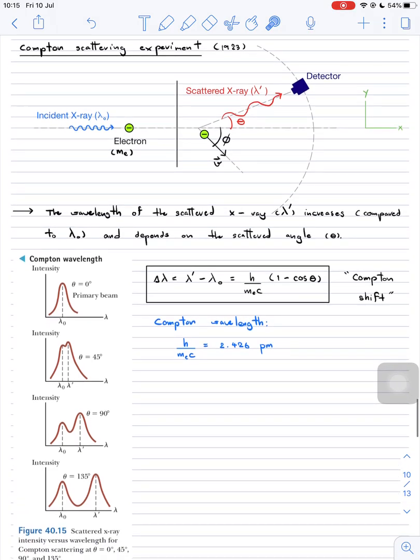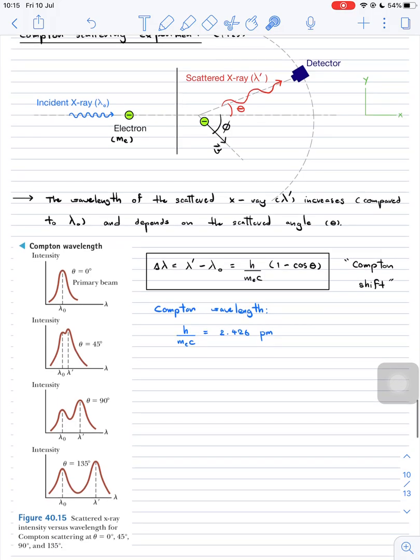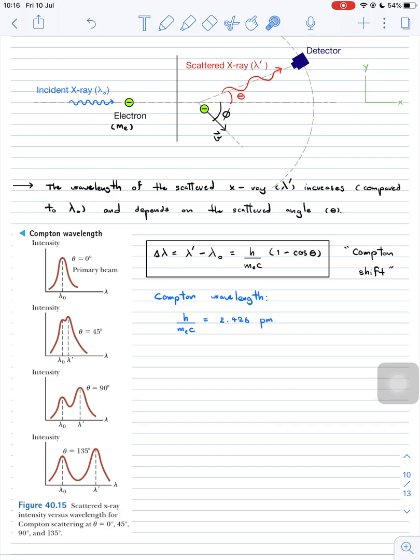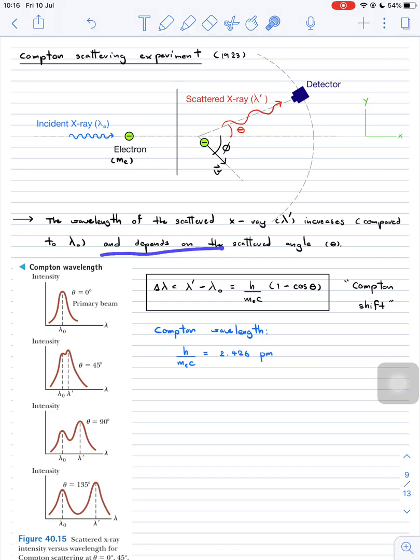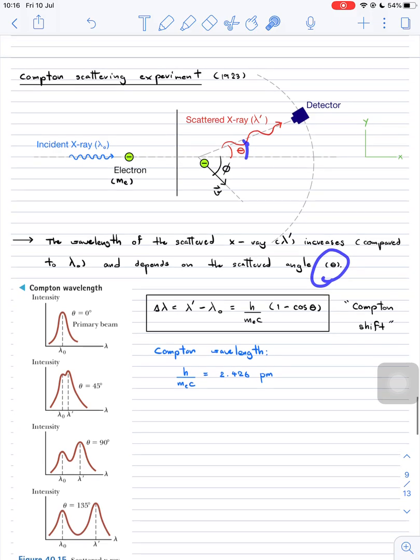And also we have the velocity of the recoiling electron to be v, making the angle phi to this horizontal axis here. The experimental results said that the wavelength of the scattered X-ray, lambda prime, increases compared to lambda naught. It means that lambda prime is greater than lambda naught, and depends on the scattering angle theta.